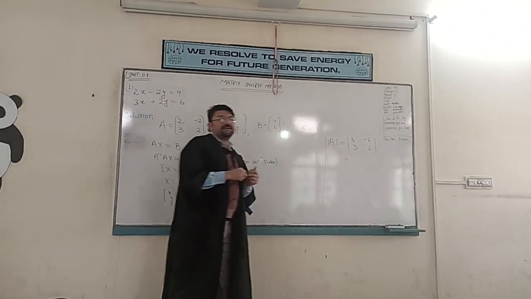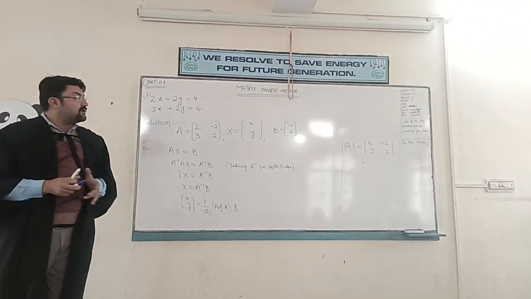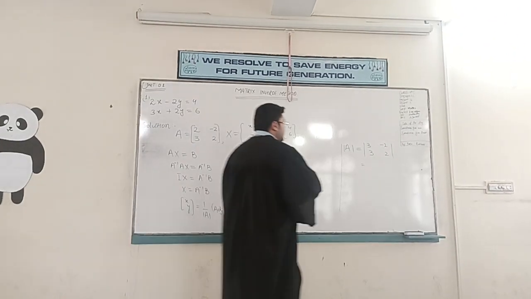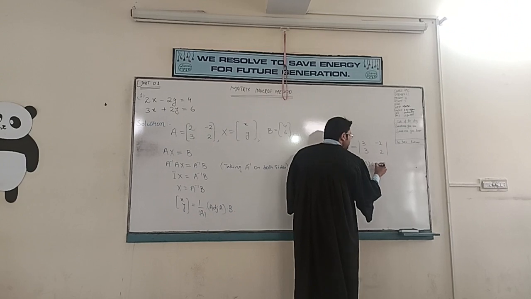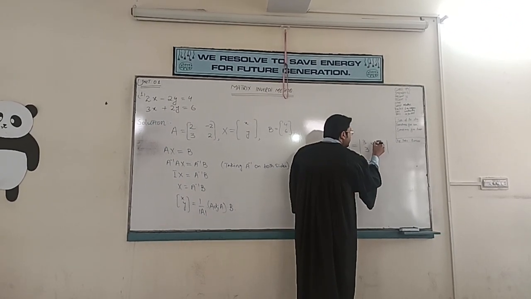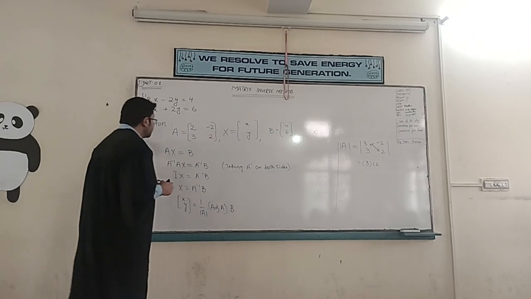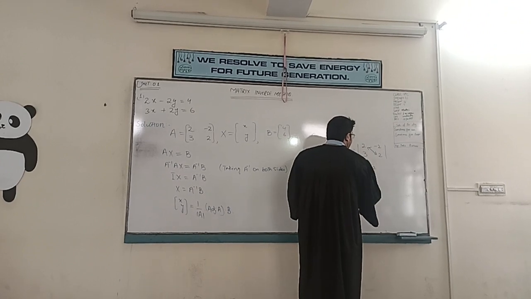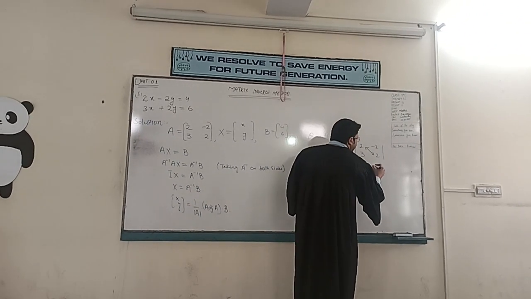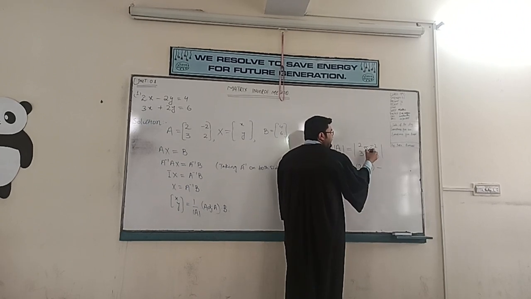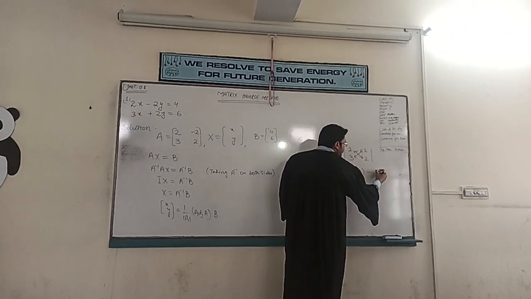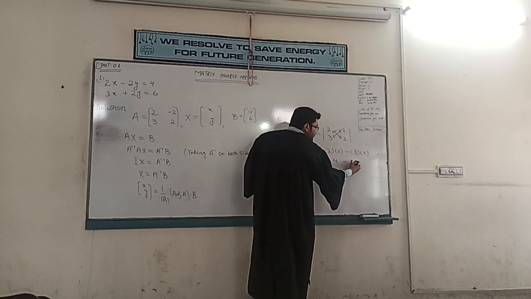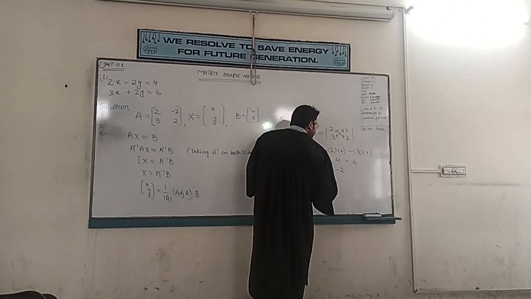If you find its determinant, first you will take the product of 3 and 2 that is on the primary diagonal, 3 multiplied by 2, minus the secondary diagonal, which is 3 and minus 2. 2 2s are 4, 3 2s are 6.